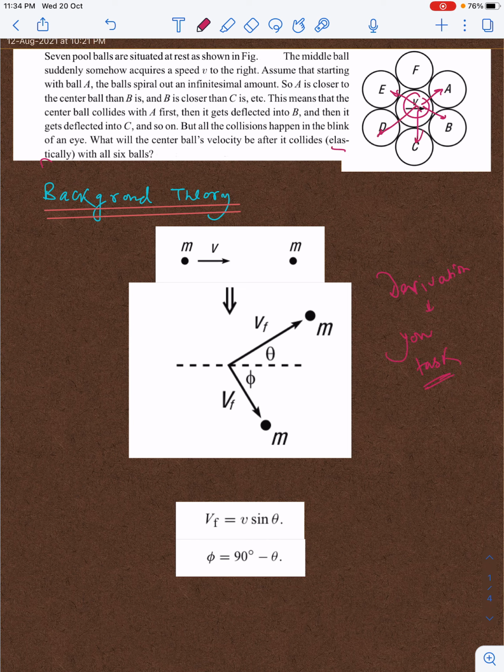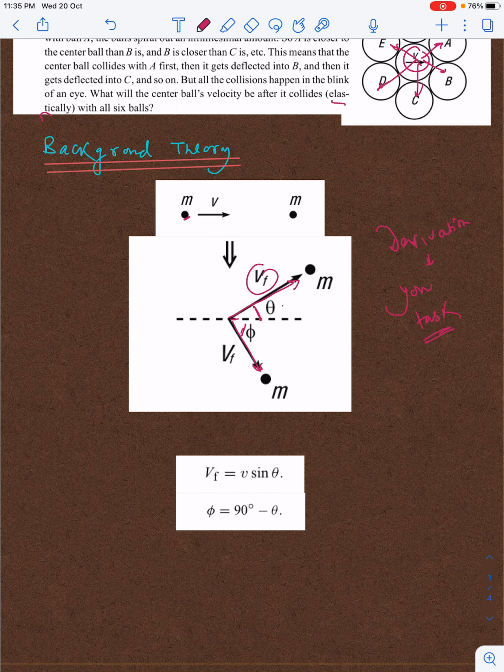The thing is that if there is a ball M which is moving towards another ball at rest of the same mass, and this ball M moves in the direction with velocity Vf, and the angle of scattering for this one is theta and for the other one it is phi, then we can write Vf equal to V sin theta, and we know the sum of the angles between these two, theta plus phi, is 90 degrees. So definitely phi equals 90 minus theta. We are going to use these two results in this question.